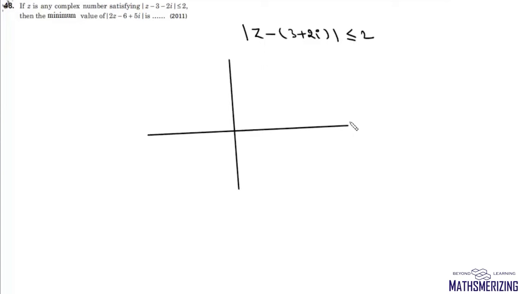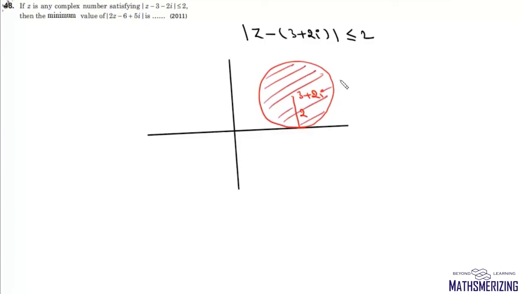Now this is your axis. Now this region represents all the points on or inside the circle whose center is at 3 plus 2 iota and radius equals 2 units. This is 2 units. So we are talking about all the points on or inside this circle.